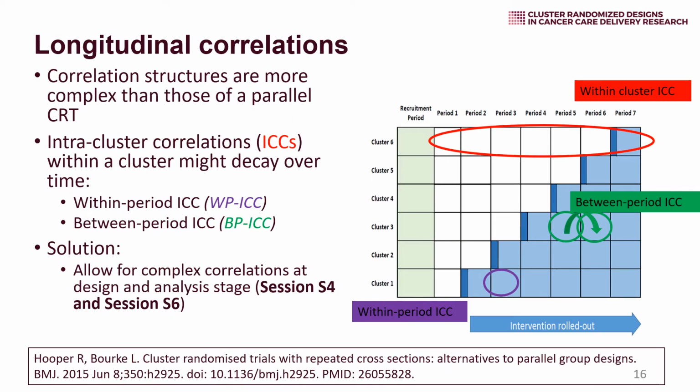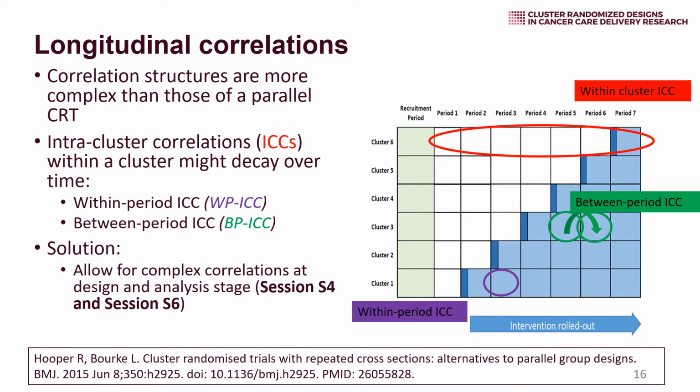The second methodological complexity is what are known as longitudinal correlations. Correlation structures are more complex than those that arise in a parallel cluster trial. We're all familiar with the concept of an intra-cluster correlation, otherwise known as an ICC. When planning and designing a cluster trial, these correlations must be allowed for.